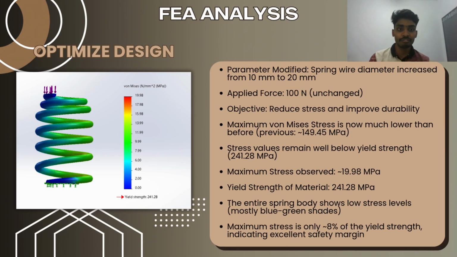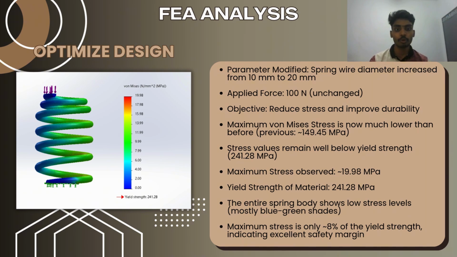Now this is the FE analysis for the optimized design of the spring. The parameter of the spring modified is the spring wire diameter, which increased from 10 mm to 20 mm. The applied force still remains 100 Newton, which is not changed. And this time the objective is to reduce the stress and improve the durability compared to the previous spring design.